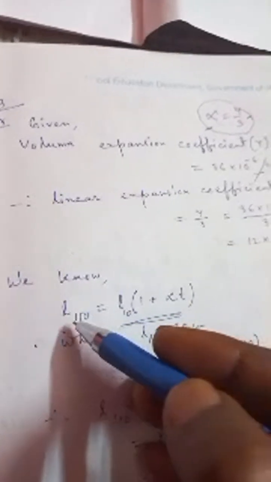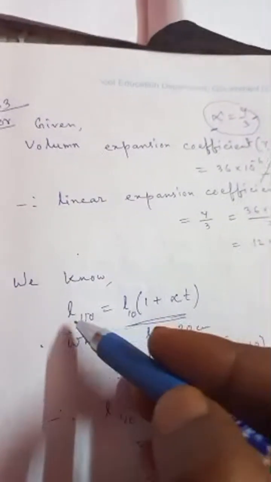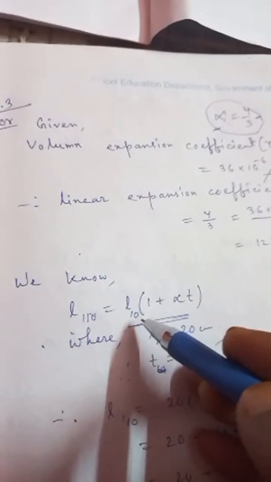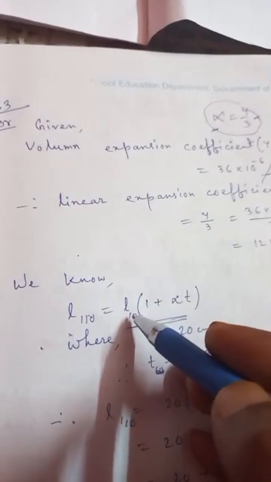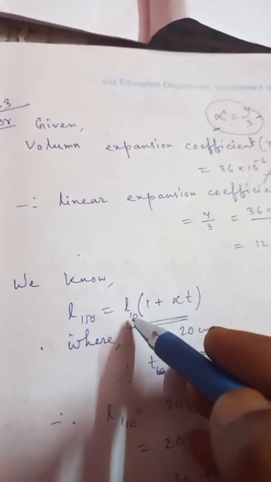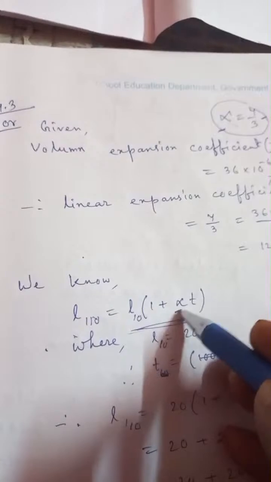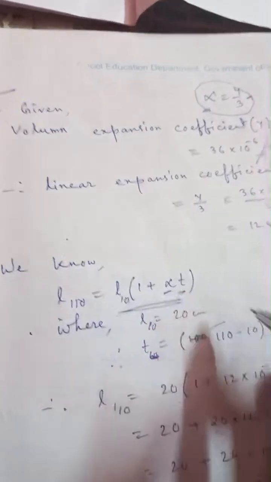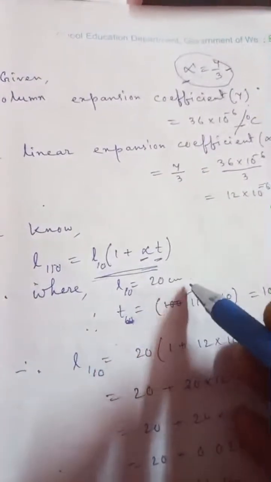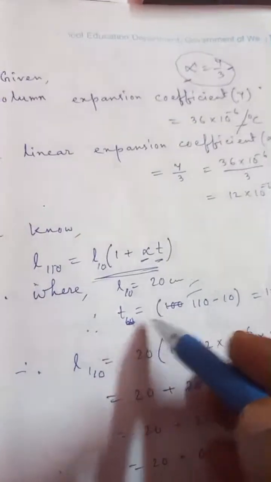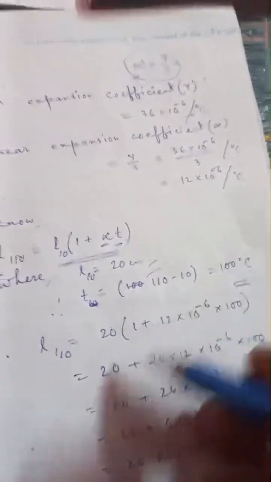Now if the length of this iron rod at 110 degrees centigrade is L110 and L10 is the length of the rod at 10 degrees centigrade, alpha is the linear expansion coefficient, and T is the difference of temperature, where L10 is 20 centimeter and the difference of temperature is 110 minus 10, equal to 100 degrees centigrade.